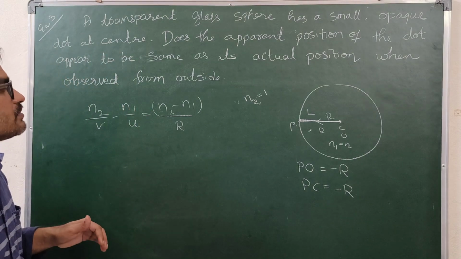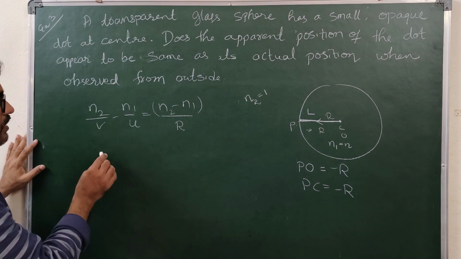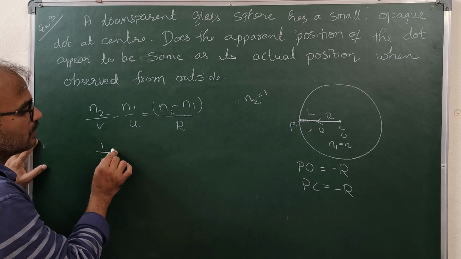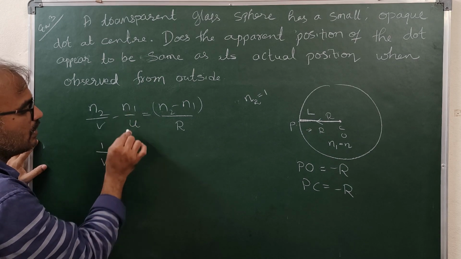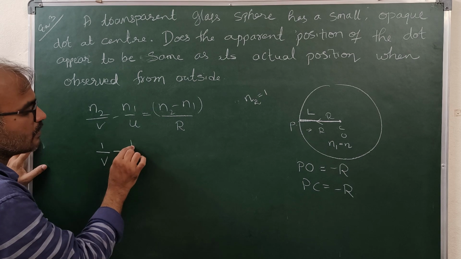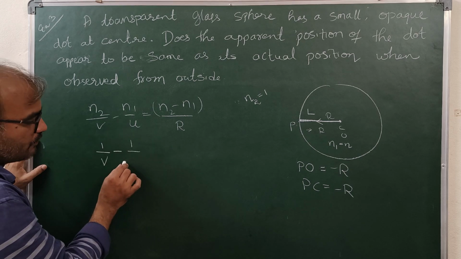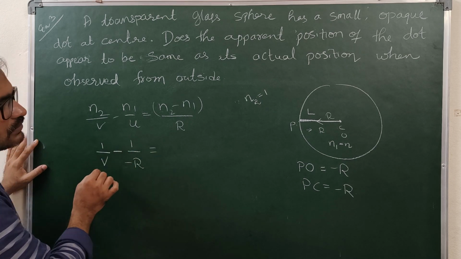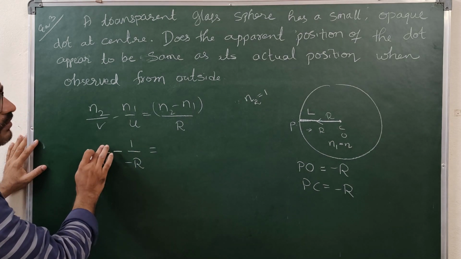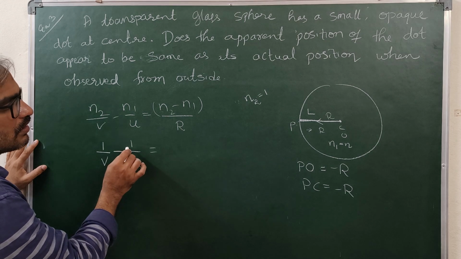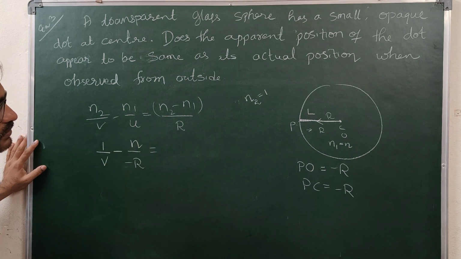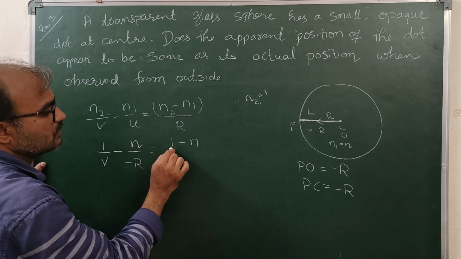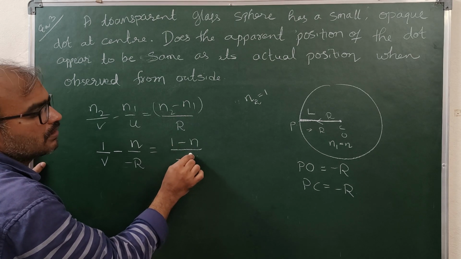So let us substitute the values now. N2 value is 1. V, the image distance, we have to calculate, minus N1, which is N, right? So N2 is 1 minus N by minus R now.